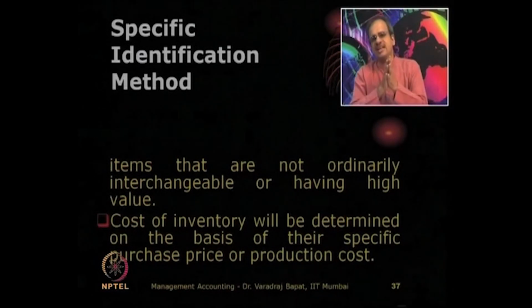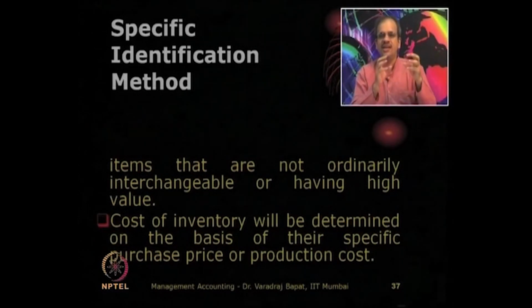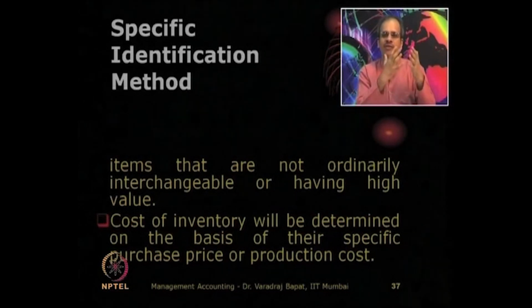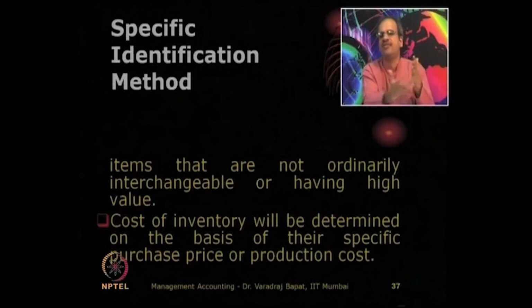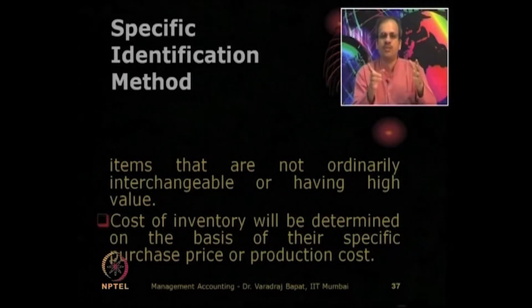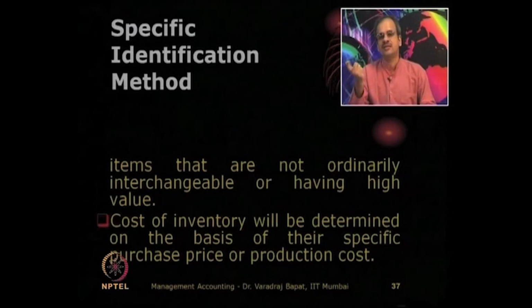Same way, there are specialized items, say designer clothes. Each item of clothing which is made is very special and costly, and each item is different from other items. So it is possible to use specific identification. Where you cannot use it is where items are interchangeable.